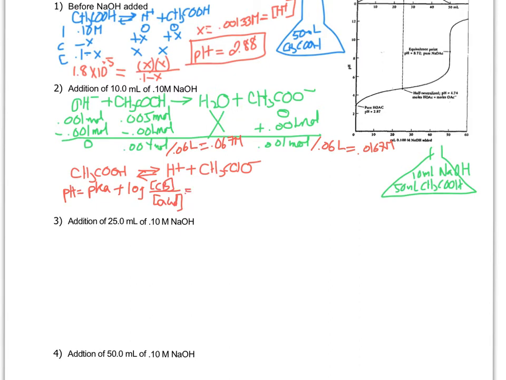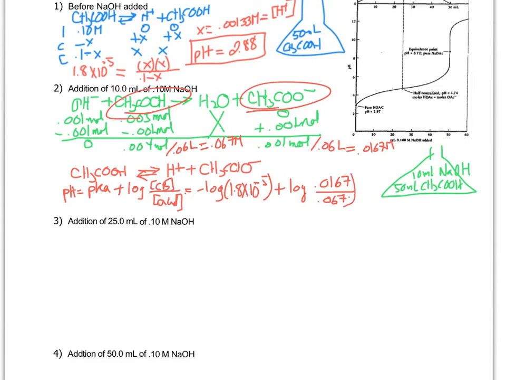The pKa is negative log of the Ka, so negative log of 1.8 times 10 to the negative fifth, plus log of my conjugate base, my acetate, 0.0167 molar, over my acid, my acetic acid, 0.067 molar. And that ends up being 4.14. And that's my pH.